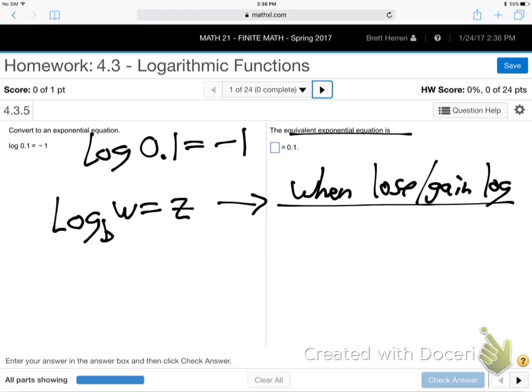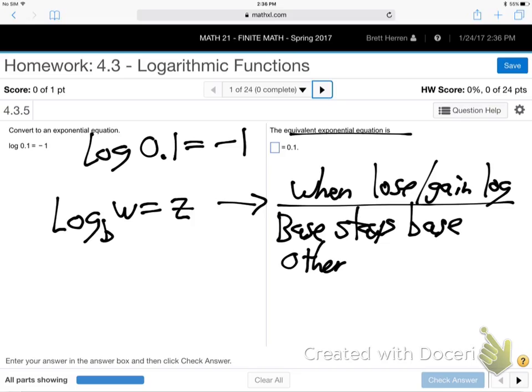I'll just say the base stays the base. The other two switch. The base stays the base. The other two switch. Now, what am I talking about?